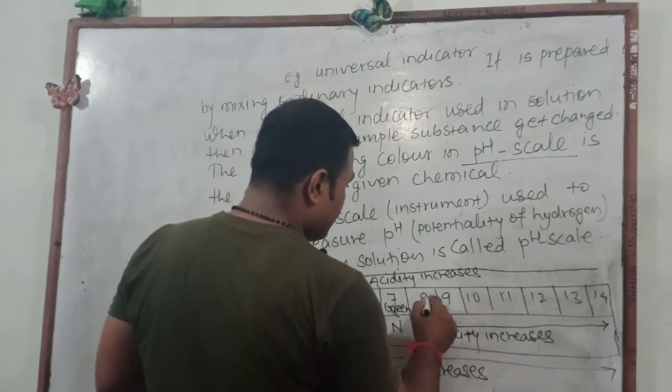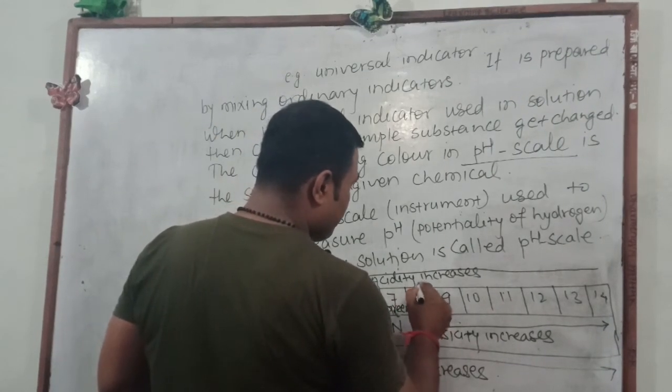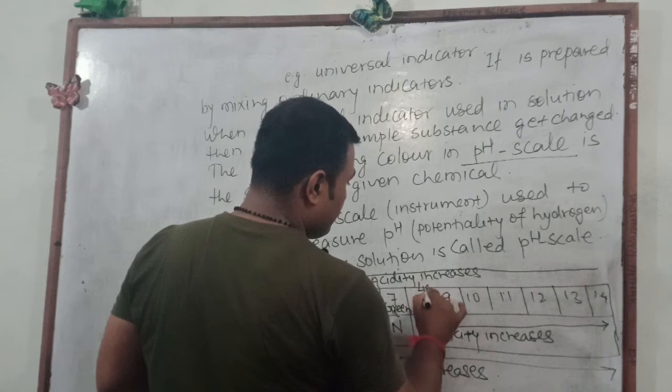When 8 and 9, then it is called light green.